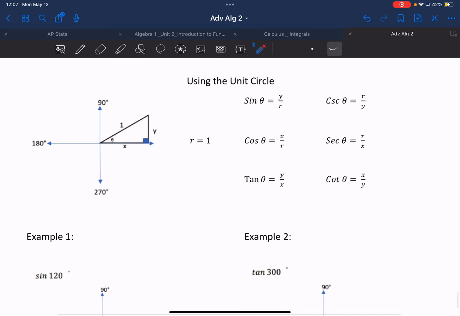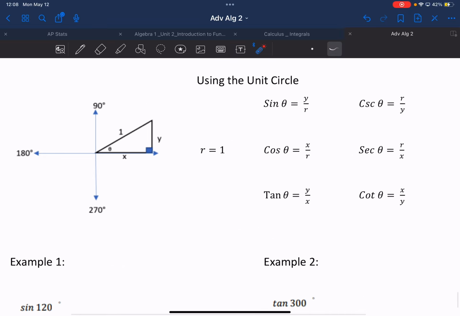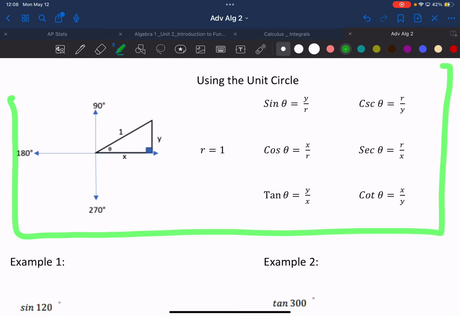So this first part here is just saying how to use the unit circle to answer these type of problems. So this first part, this is not an example, this is just more of the notes, okay? So it's saying your unit circle, you're going to still use your trig functions, so sine, cosine, and tangent, and then their inverses, cosecant, secant, and cotangent.